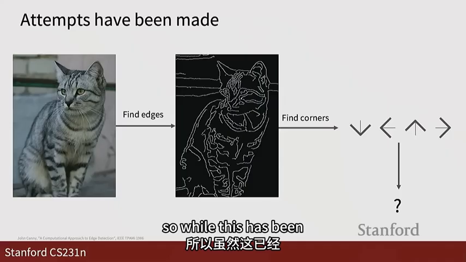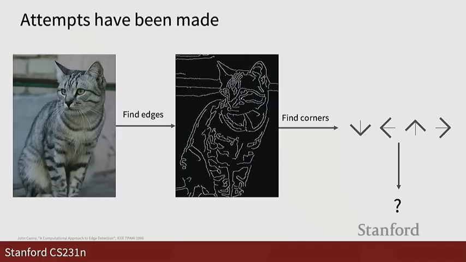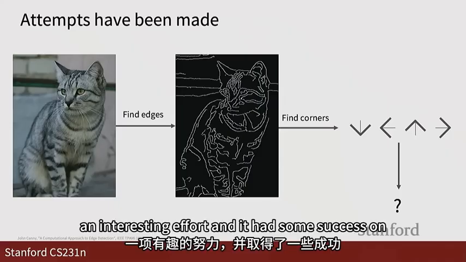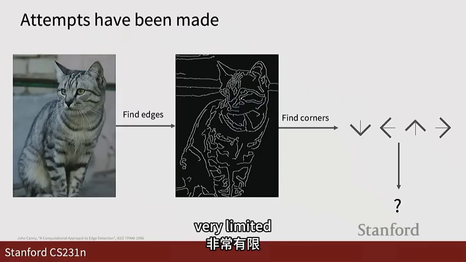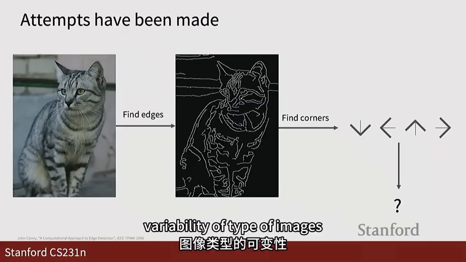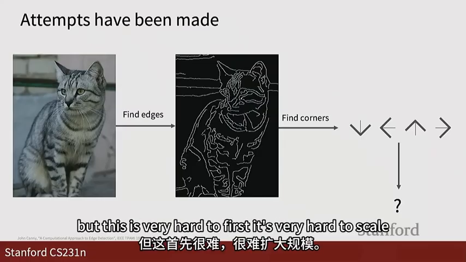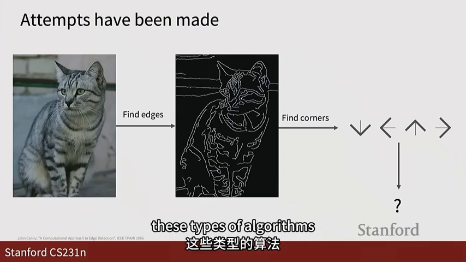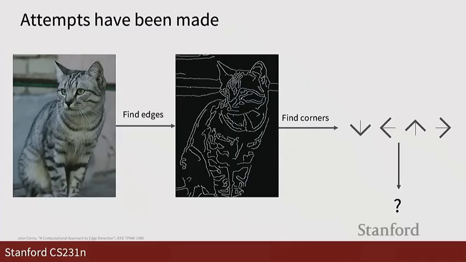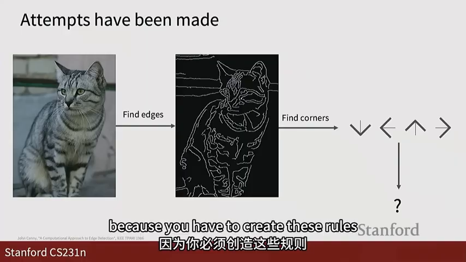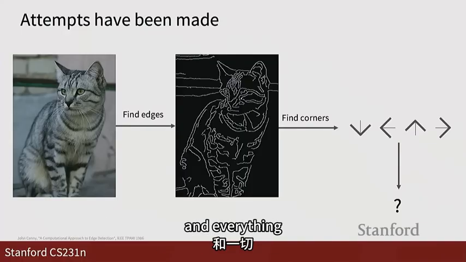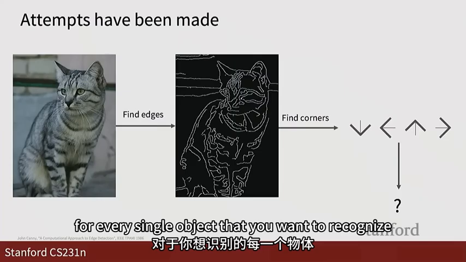While this has been an interesting effort and it had some success on a very limited variability of types of images, first, it's very hard to scale these types of algorithms. Even if it works, you have to create these rules for every single object that you want to recognize.